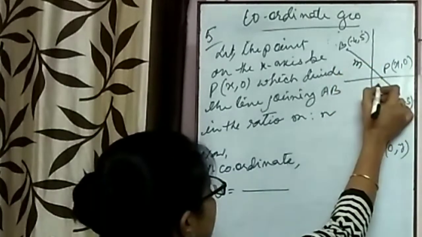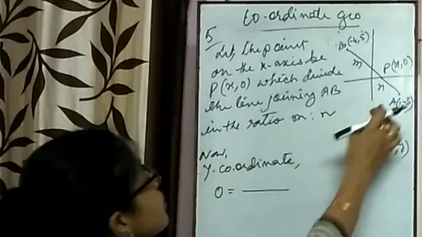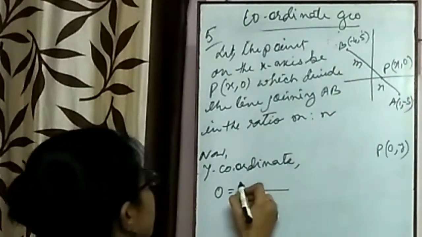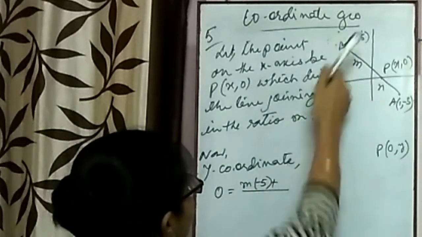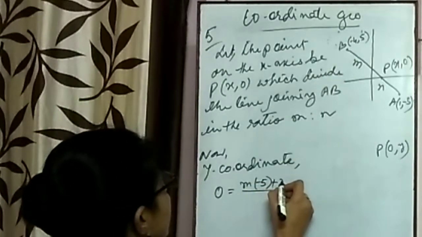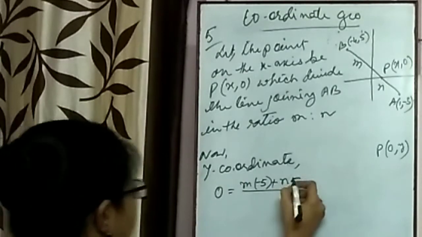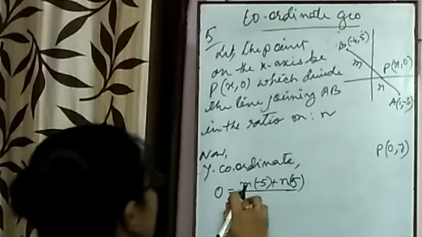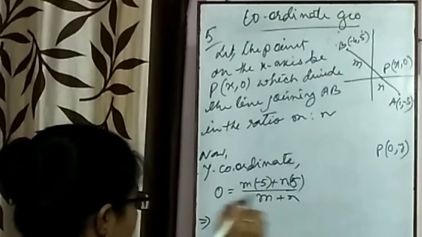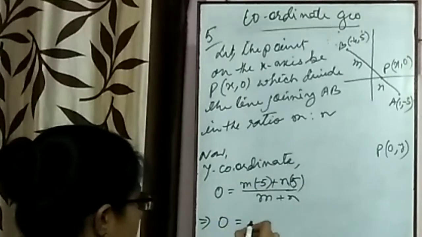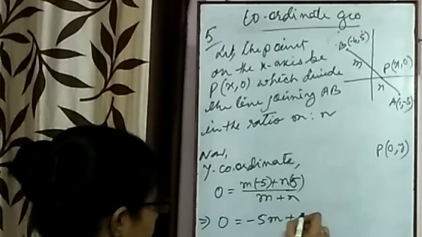This ratio, m into minus 5 plus n into 5 over m plus n. This two, if you multiply, it comes 0 equals minus 5m plus 5n.